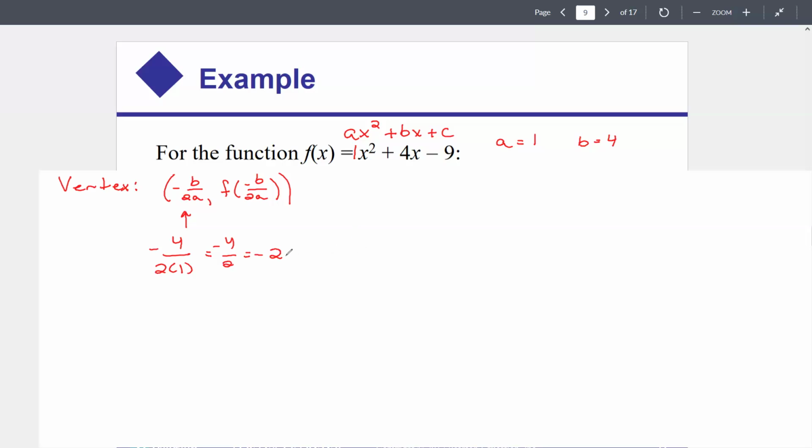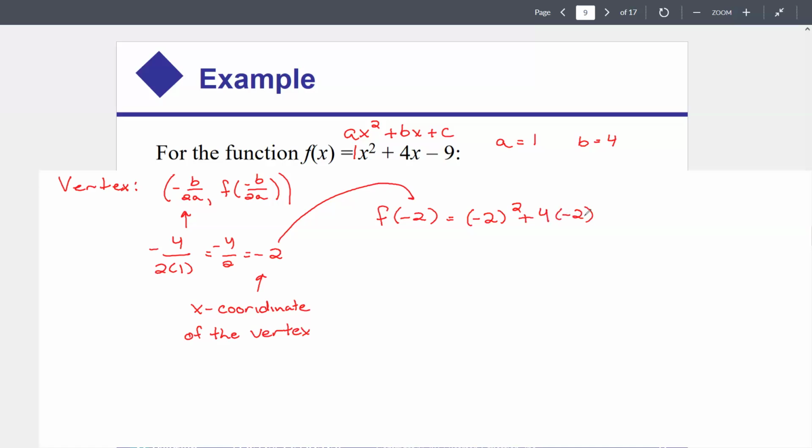Now that we have this negative 2, like I said, this is the x-coordinate of my vertex. So I'm going to go back to this function here and plug that negative 2 in. So we get f of negative 2 equals negative 2 squared plus 4 times negative 2 minus 9.